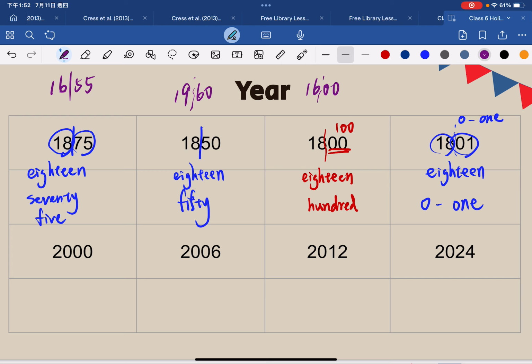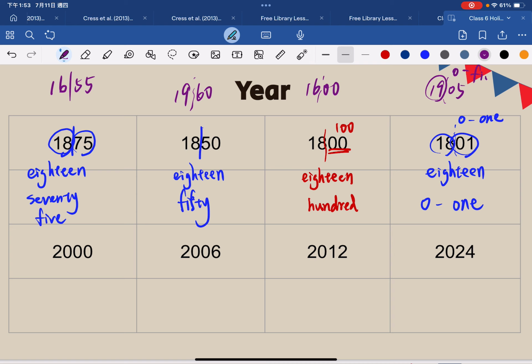The first we say 16, the last two digits we say hundred, 1600. Then the last one, let's put maybe 1905. How would we say this number? Separate into half. The first part we call 19, right? And the last two digits we say oh five. 19 oh five.